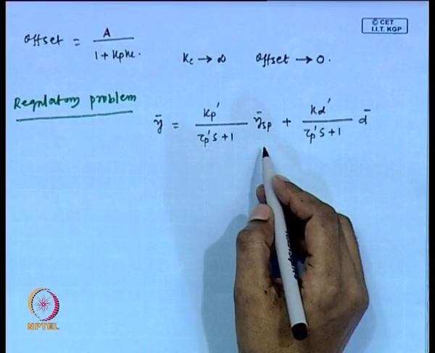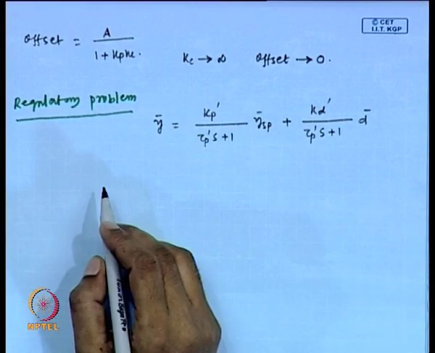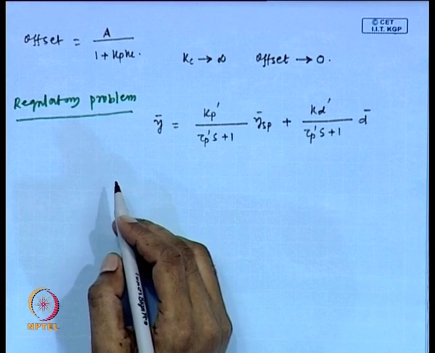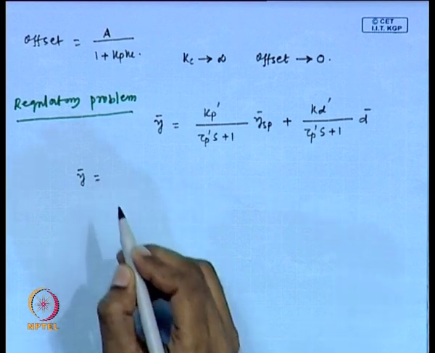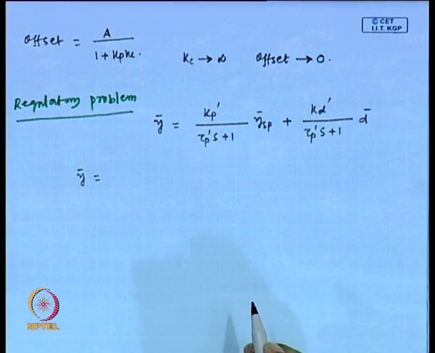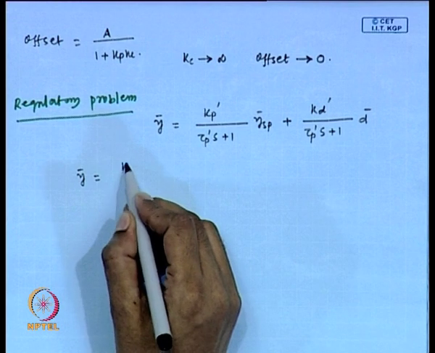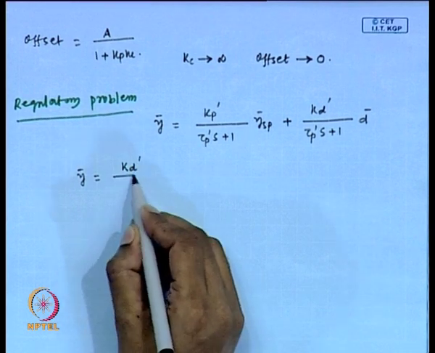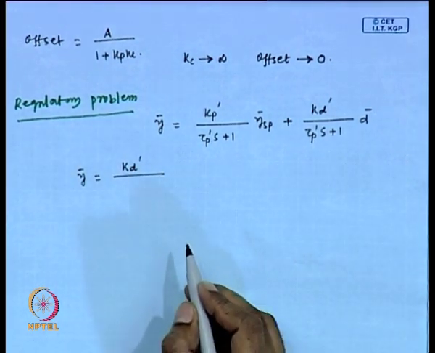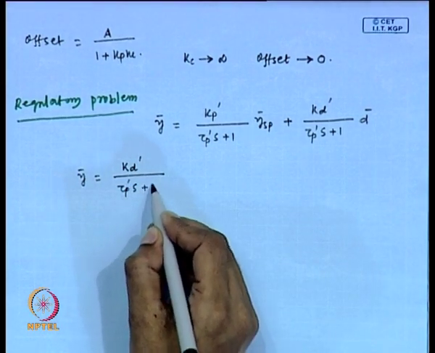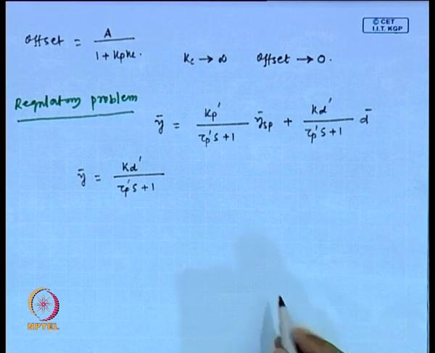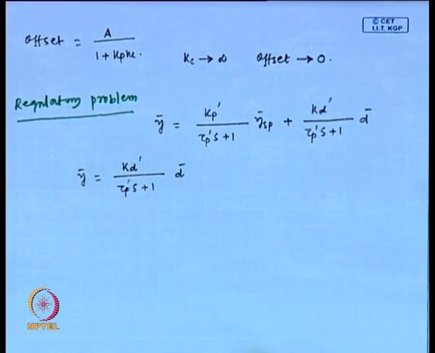Now, for the regulatory problem, there is no change of y set point. No change in the y set point is considered. So, for the regulatory problem, the closed loop transfer function becomes y bar equals Kd prime divided by tau p prime s plus 1 times d bar.